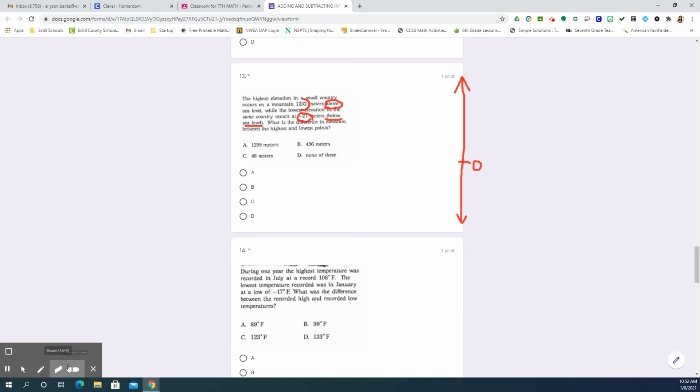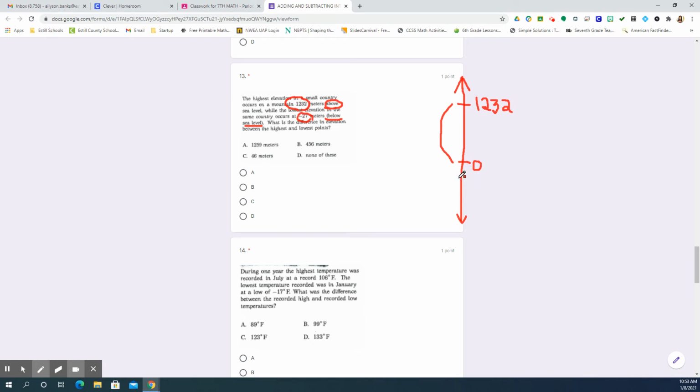I'm going to erase that just a little bit because it's hard to see the 1. There's no way I want to put 1,232 little hash marks between 0 and 1,232. But I know that this represents the distance of 1,232 because it's from 0 to 1,232.